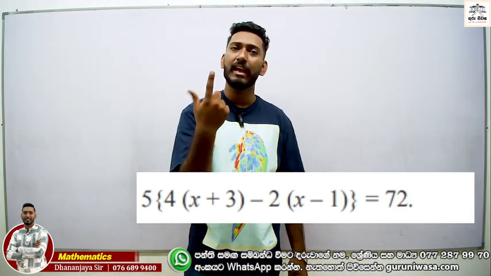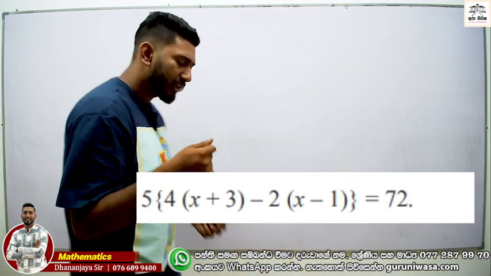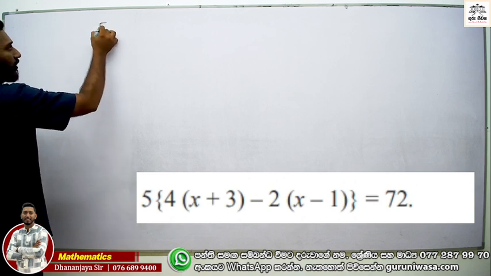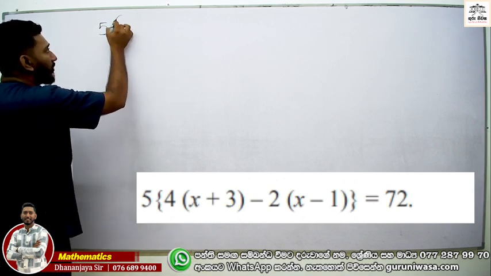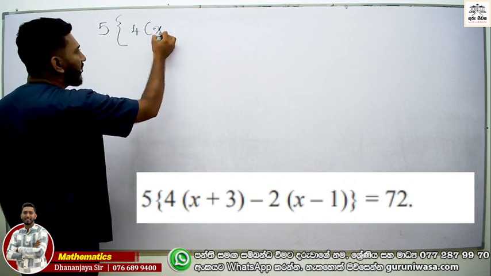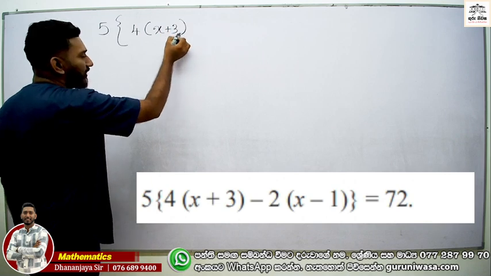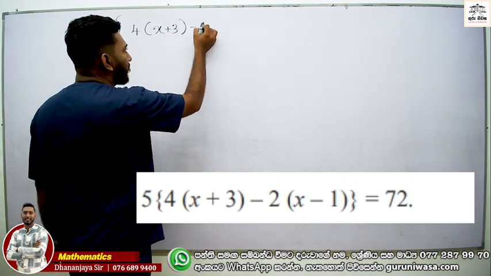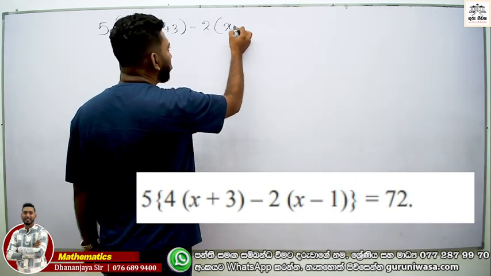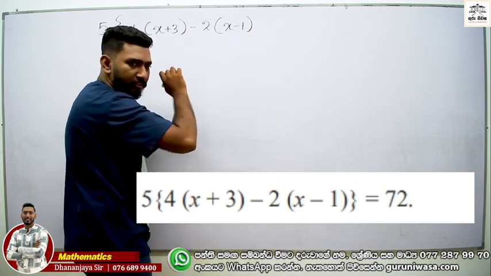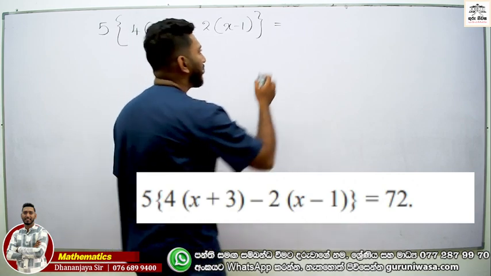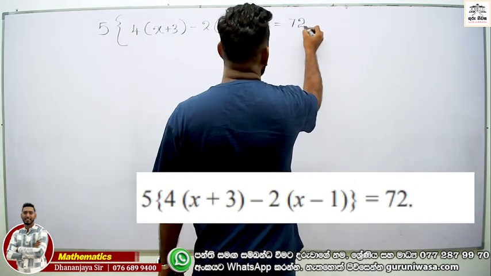Look at the example like this: 5, open the curly brackets, 4 into x plus 3, this one is a parenthesis, minus 2 times, and this is also a parenthesis, close the parenthesis, close the curly bracket, equals 72 on the right hand side.